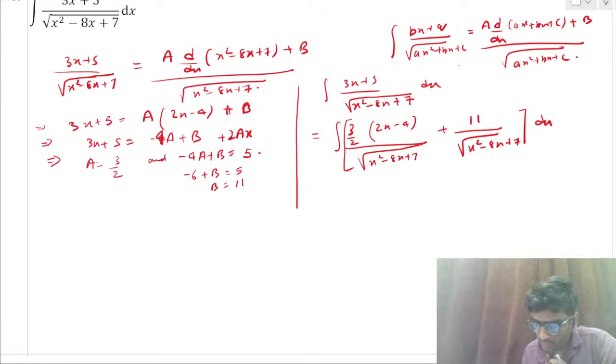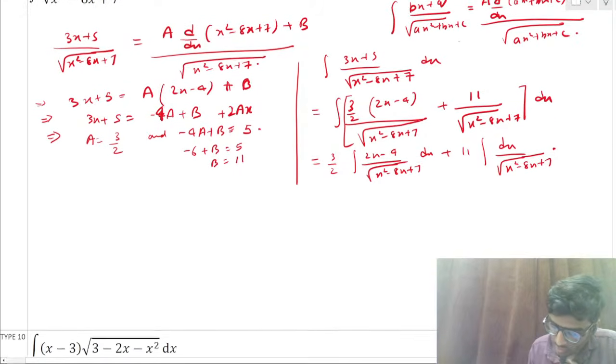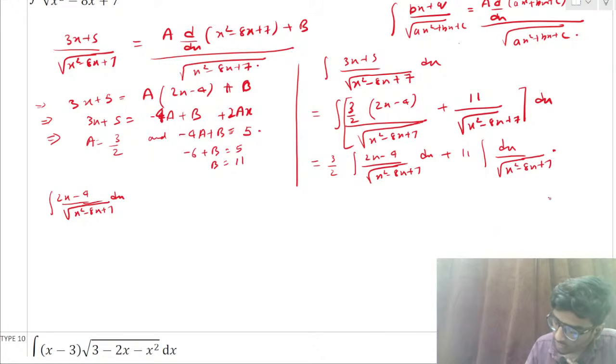Okay. So this integral becomes 3 by 2 times the integral of 2x minus 4 upon under root x square minus 8x plus 7 dx, plus 11 times the integral of dx upon under root x square minus 8x plus 7. Now this integral, 2x minus 4 upon under root x square minus 8x plus 7 dx, is of the form f dash x upon f of x dx, so we take f of x as t.